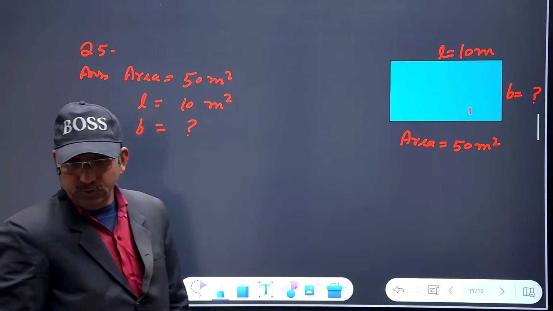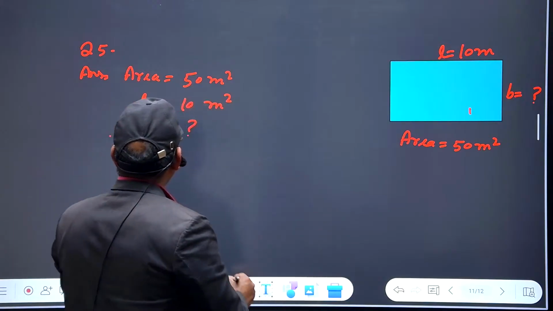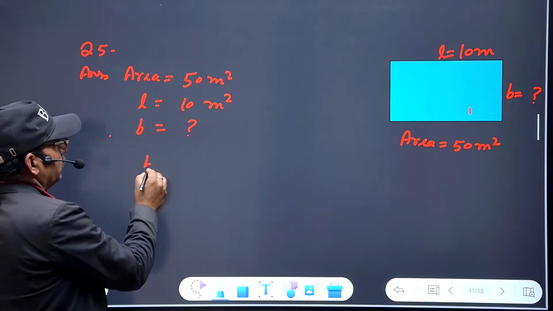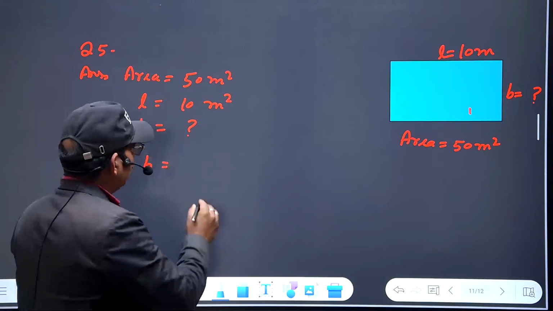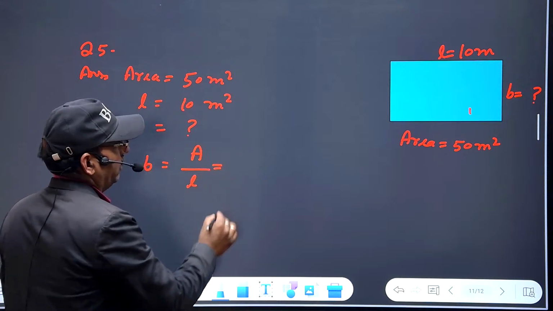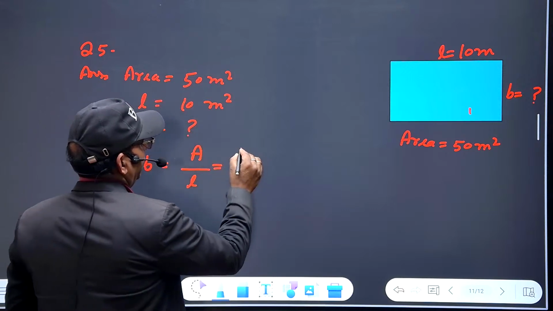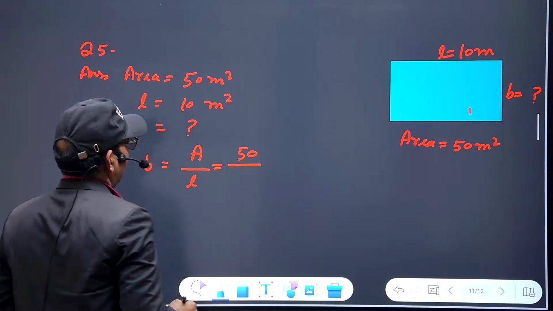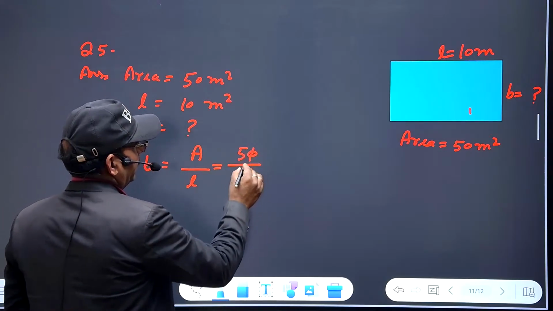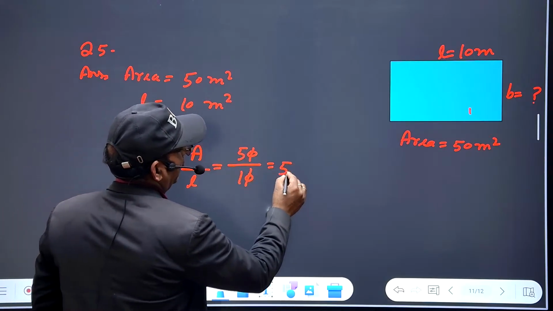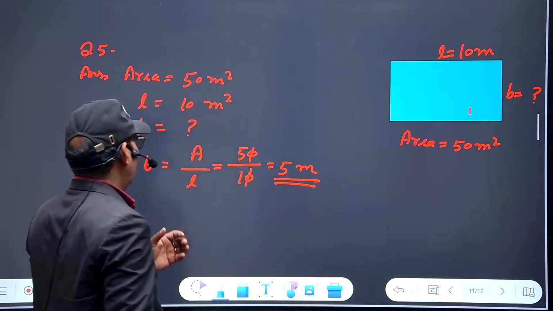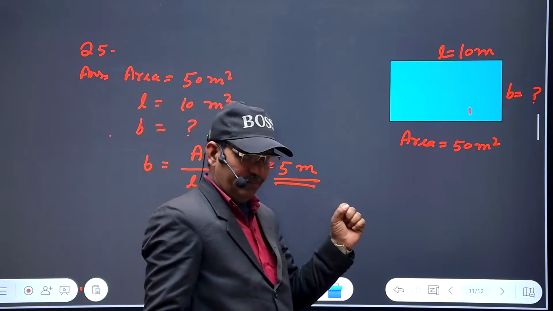Breadth is equal to what? Breadth is equal to area upon length. You will put the value. What is the area? 50, and length is equal to 10. You will cut it. 10 cancels with 10. What will you get? 5 meter. Breadth will be 5 meter. Is it clear?